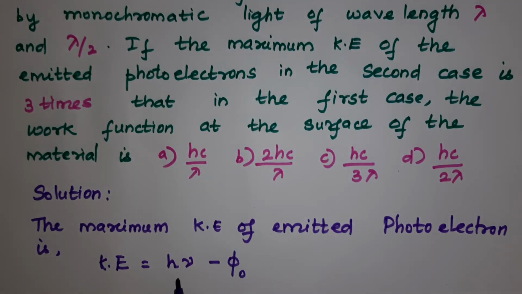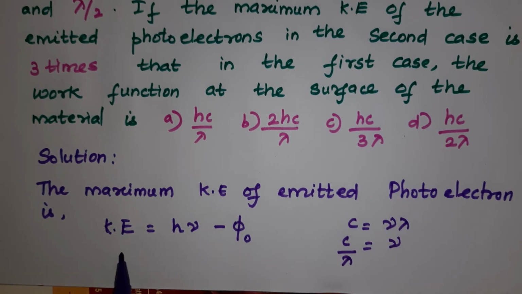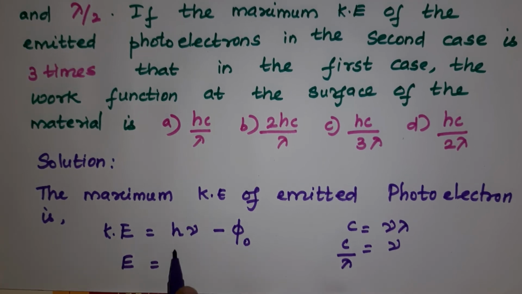So we can write here instead of mu, C is equal to mu lambda and mu is equal to C by lambda. Therefore, we have here, let me write here the energy to be E is equal to H into C by lambda minus the work function phi naught.